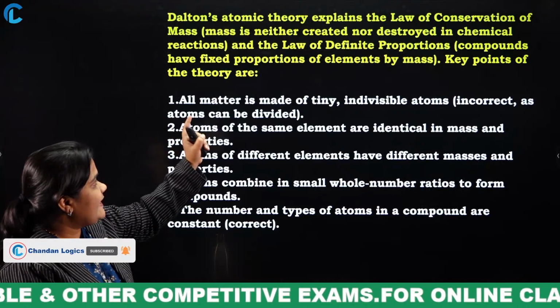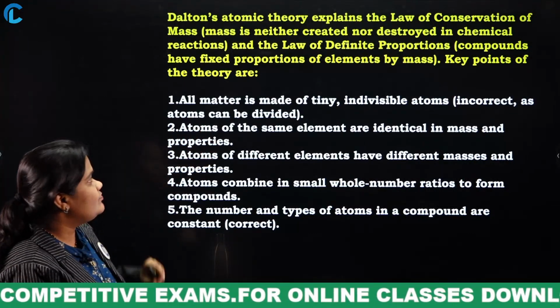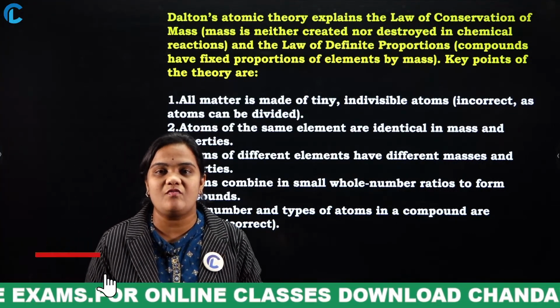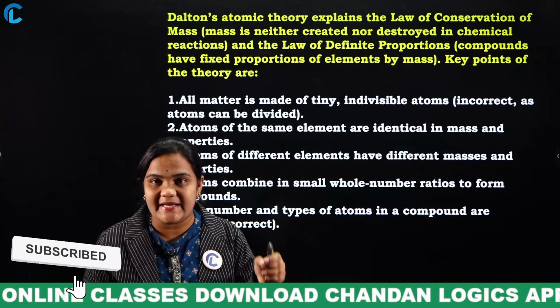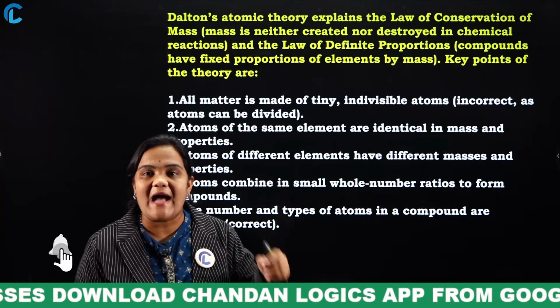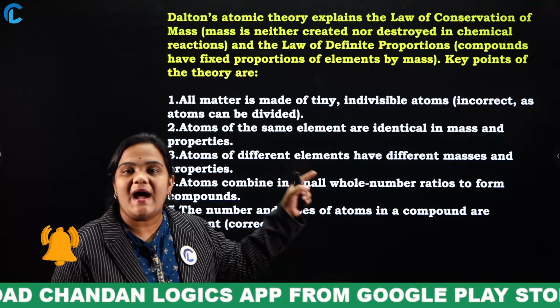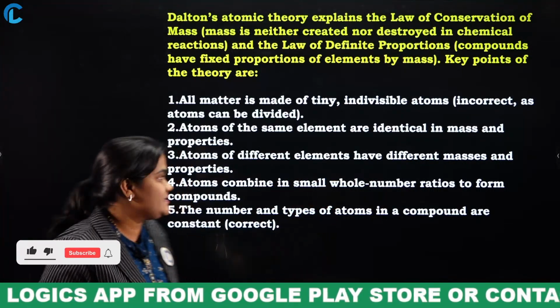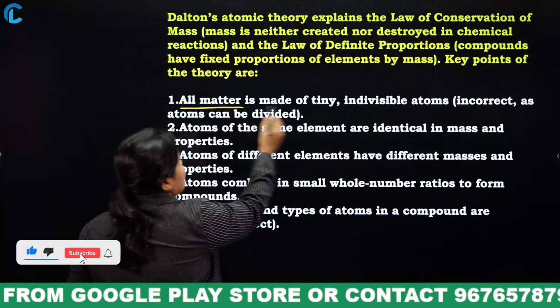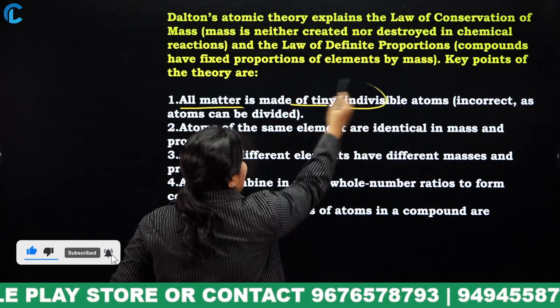Dalton's atomic theory explains the law of conservation of mass. What is this law? Mass is neither created nor destroyed. As per this law, Dalton's atomic postulates came into existence. All matter is made up of tiny indivisible atoms.